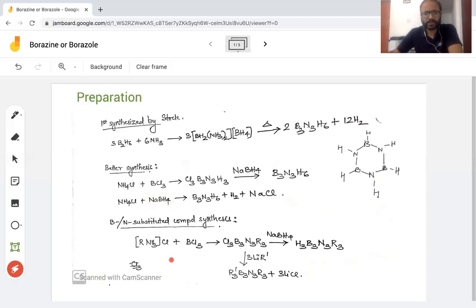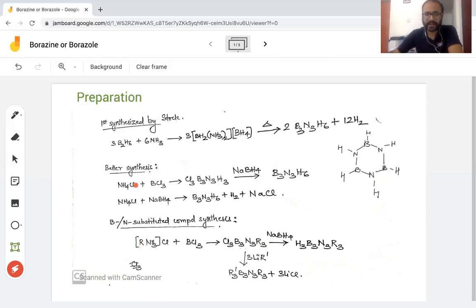Then we can also make substituted forms of Borazine. One way of substituting is at this stage, you can treat it with the Grignard reagent and substitute chlorine with other alkyl moieties. Apart from that, if you start with ammonium chloride in which one of the hydrogens is substituted with an alkyl or aromatic group, then when you treat it with BCl3, the nitrogens carry the R group.